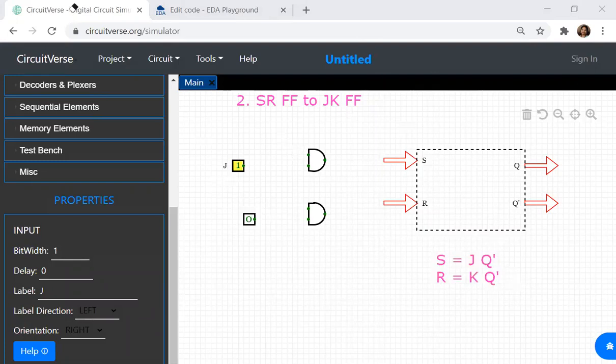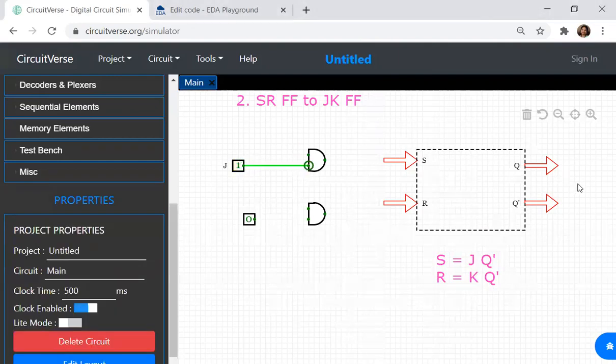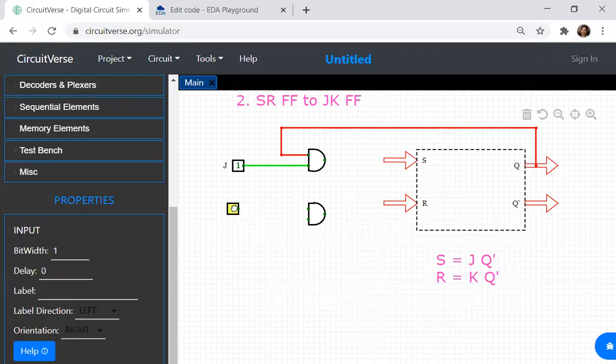So the one input is J, the other input is Qn bar. So where do I have Q? Q is over here, Q bar is over here. So this is clearly J into Q bar. What is the next one?